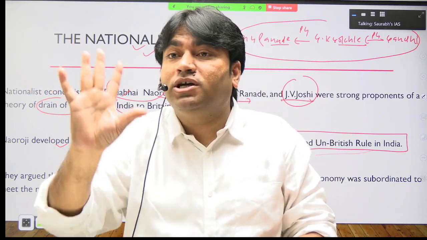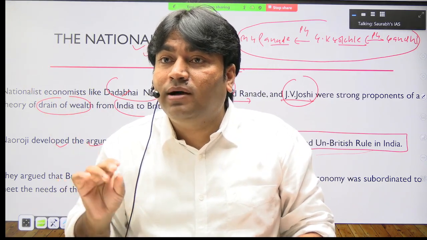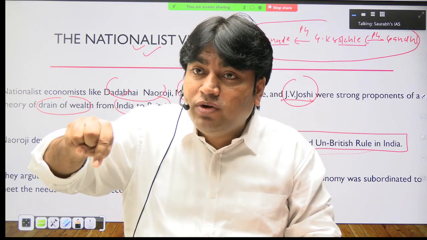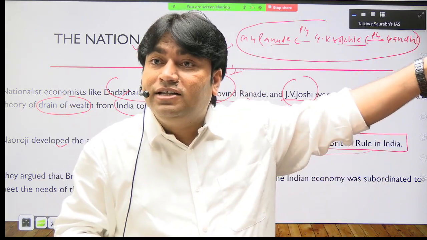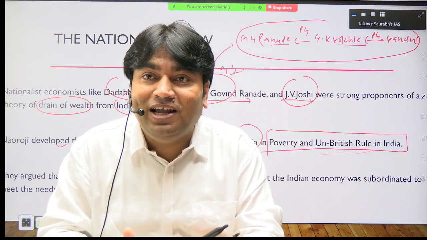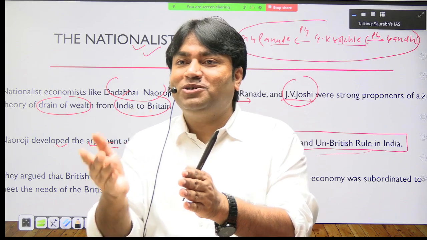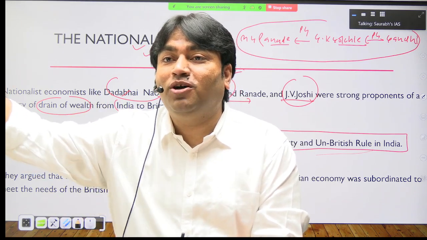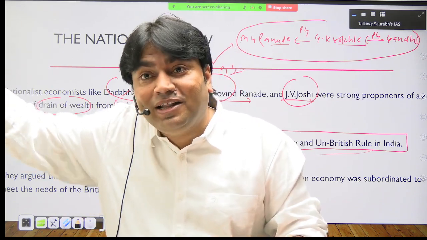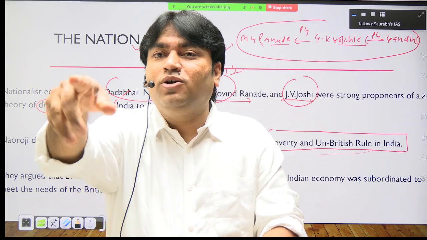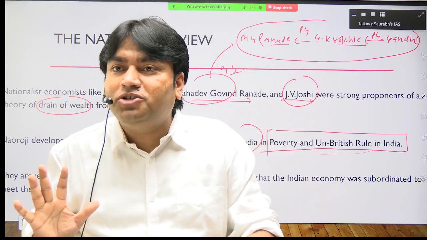Naoroji exposed the British. Naoroji said they have made fools of Indians. British rule in India is not like it is in Britain, and that's why he said poverty and un-British rule in India. It means the nature of British rule in India is different from the nature of British rule in Britain. That is un-British rule, and this is the root cause of the poverty and impoverishment of India.